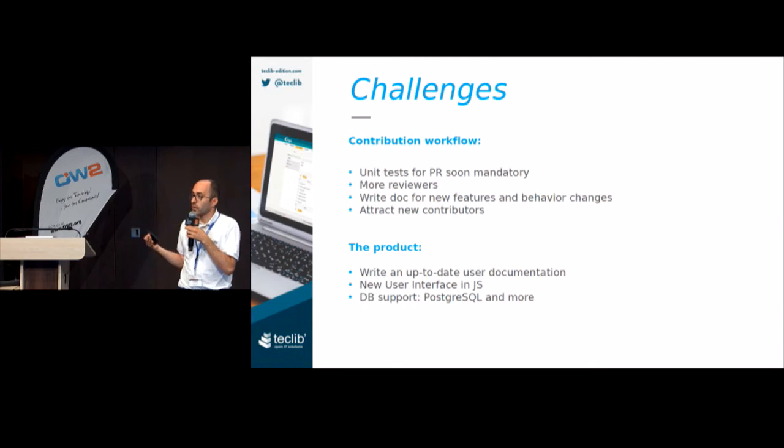But the problem is that, for example, if someone does a pull request on just one part of a feature, we are not going to ask him to do the unit test for the whole feature. So we first have to write, on our own, the unit tests for the main features to be able to ask the contributors then to write their unit tests, which is also big work.